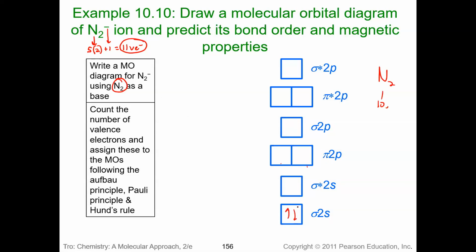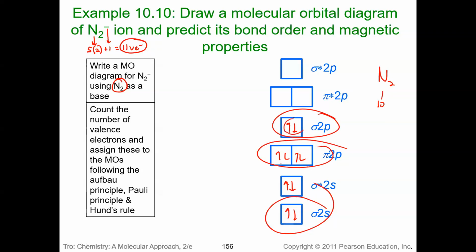This goes up, down, 2, 4, 6, right? 2, 4, 6, 8, 10. If we did our bond order for this, we have 2, 4, 6, 8 minus 2, over 2, right? So that bond order is higher.